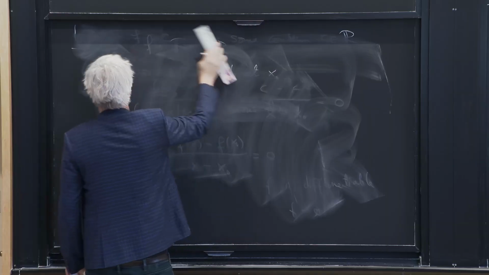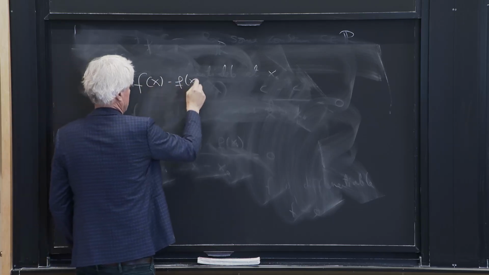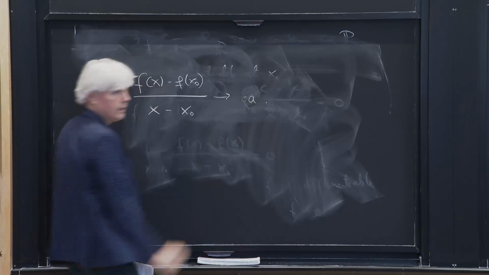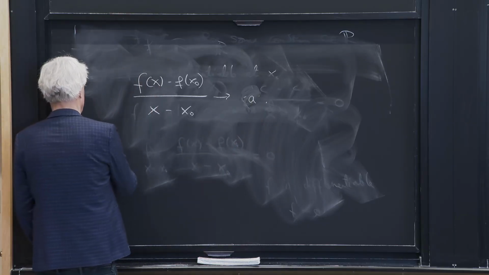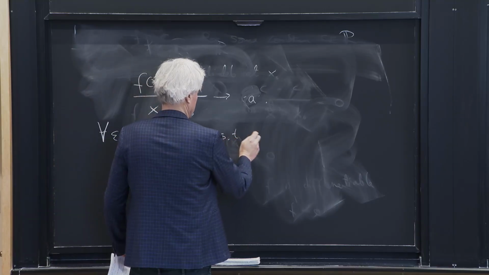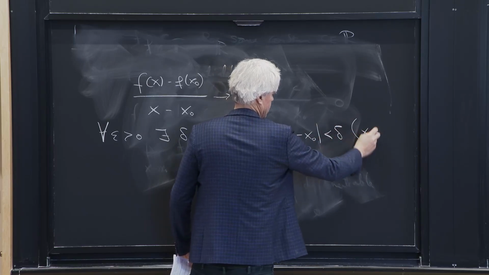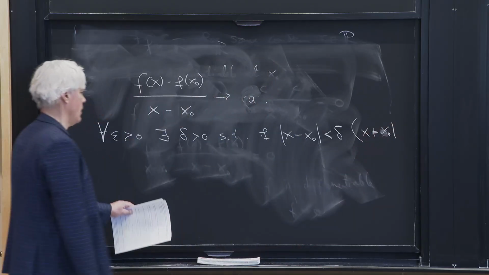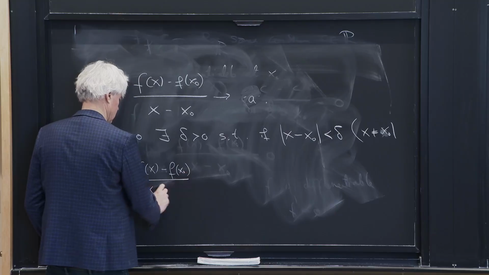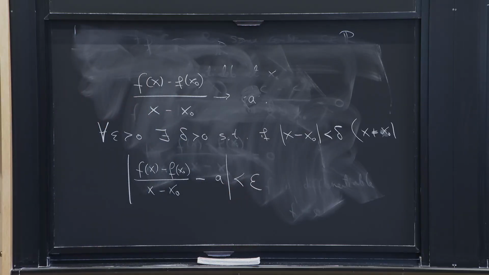If the difference quotient here is converging to some number, say A, this means that for all epsilon greater than 0, there exists a delta greater than 0, such that if x minus x0 is less than delta, and again, x is assumed to be different from x0, then this difference quotient minus this A is supposed to be less than epsilon. And so that's this.